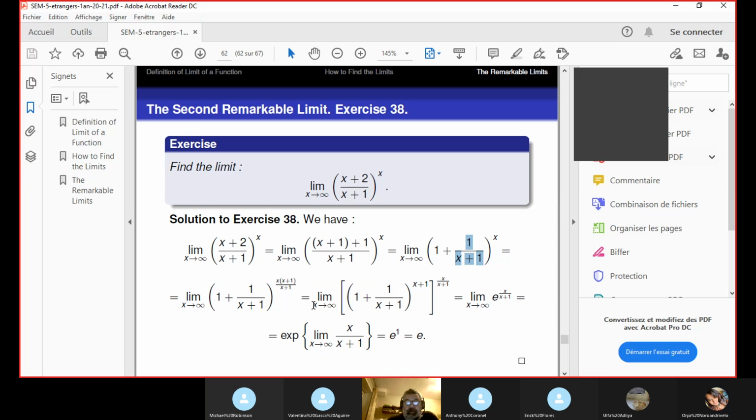So you see, now I want to have something in the power of this bracket, something like x plus 1 as x goes to infinity. So I rewrite the power x as a fraction, x multiplied by x plus 1 divided by x plus 1.